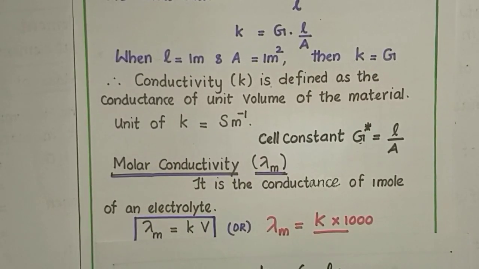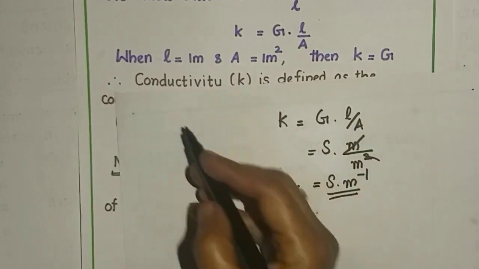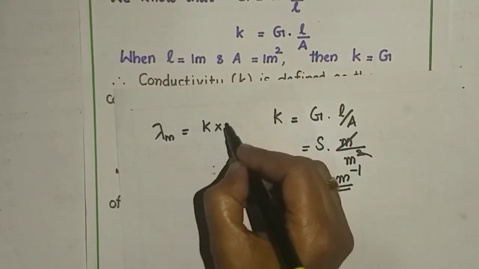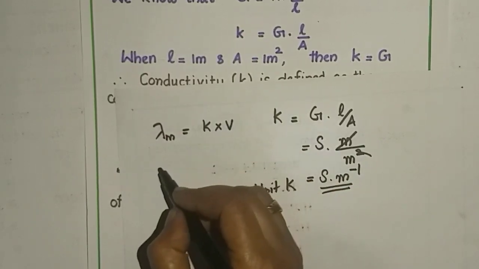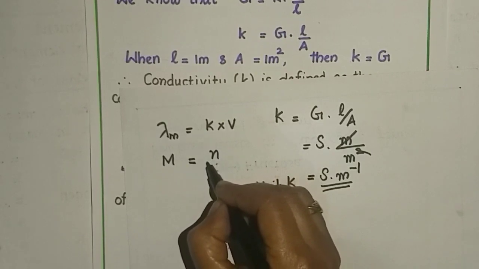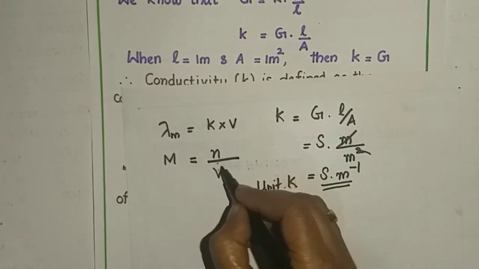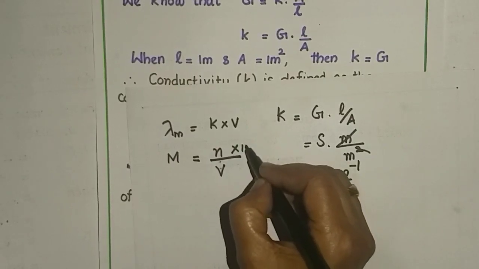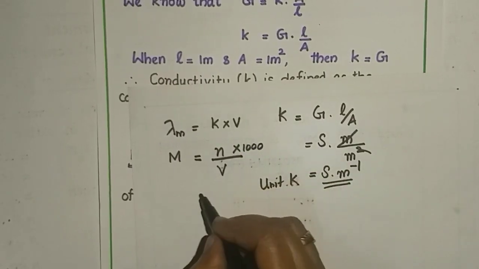Or we know that lambda m is equal to K into V. Then we know that molarity is equal to number of moles of solute divided by volume of solution in liters, that is V by 1000 goes to the denominator.